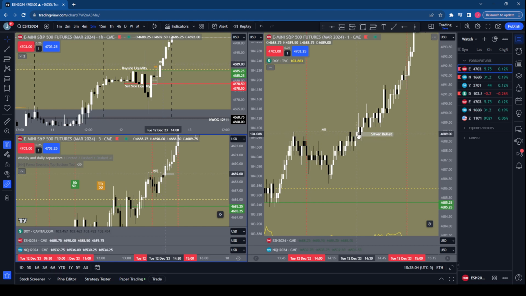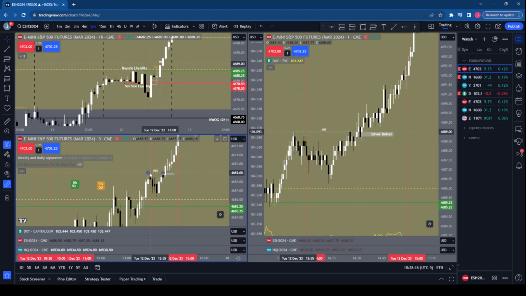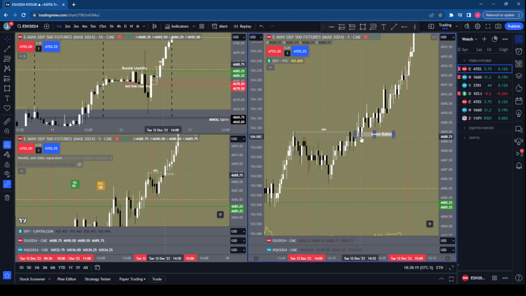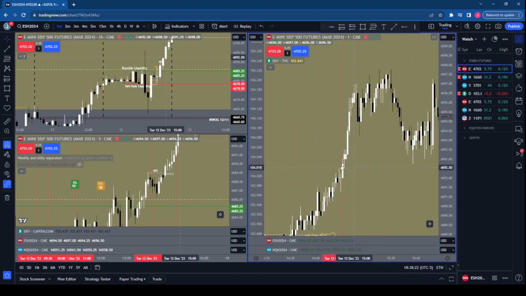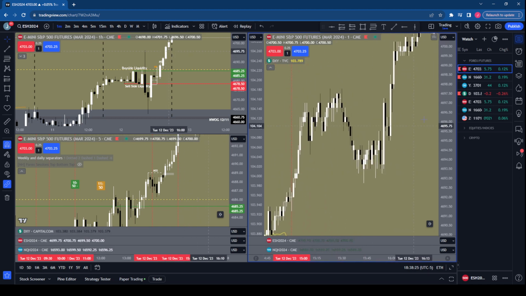Well, I guess that didn't even close the candle. The next candle is what closed the candle. And then we retraced into that fair value gap that formed as we were shifting structure for the 5-minute swing high, and entered it right there. And then we took off into the PM session.